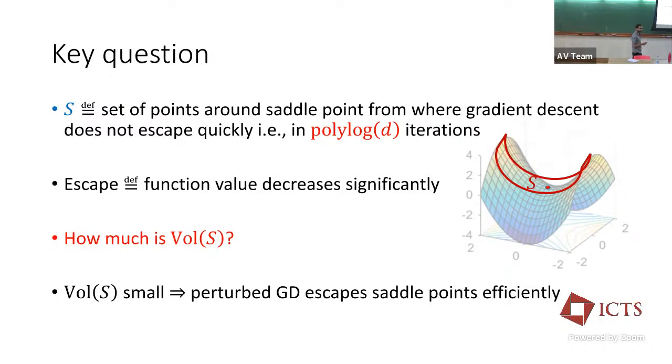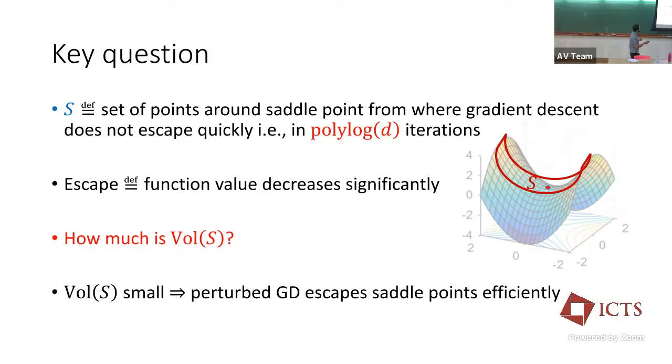Meaning in polylog of d iterations, we want to bound the volume of that set. Because when we do this random perturbation, the probability that the iterate will fall in this set is proportional to the volume of that set, right? If the volume of that set is small, then the probability that the iterate falls into that set is very small. And then with high probability, it will fall outside. And by definition, S complement is the set of points from where gradient descent escapes quickly, right?